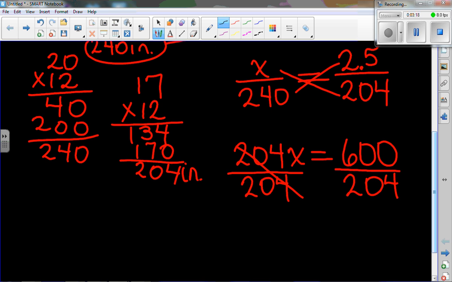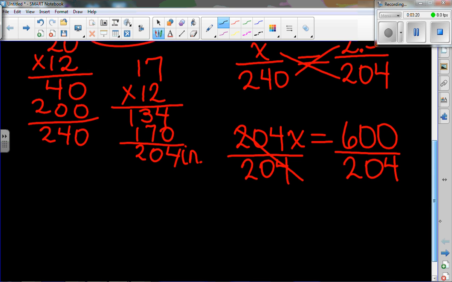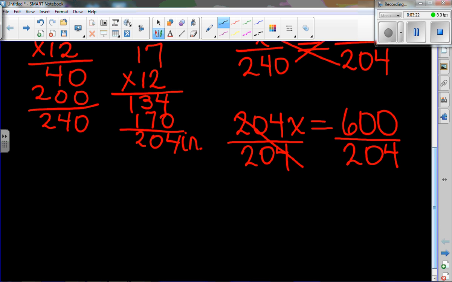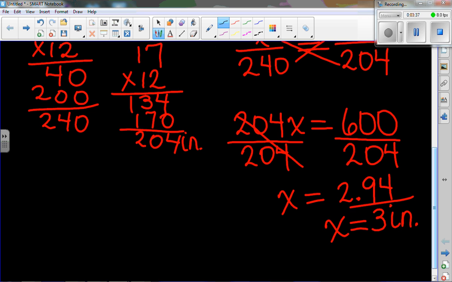X equals 2.94 inches. We're going to round it to the nearest whole number, and that gives us approximately 3 inches as our answer. Do not forget your units. 3 inches, not 3 grams, 3 inches.